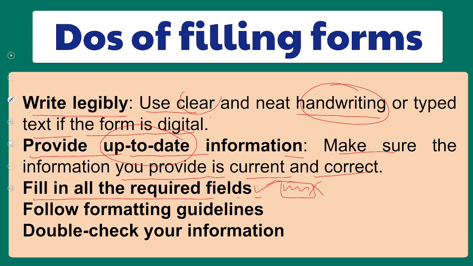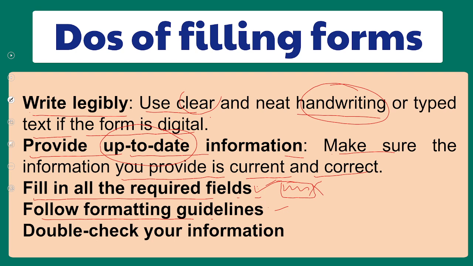Follow formatting guidelines. Now at the top of the form, you will have some guidelines, some do's and don'ts. What things should be filled and what parts of the form should be left for other people or for authorities. So you have to read the formatting guidelines of the form.